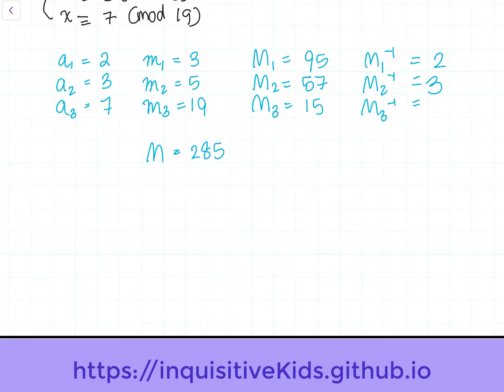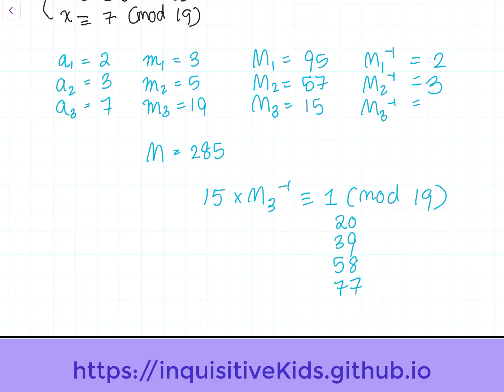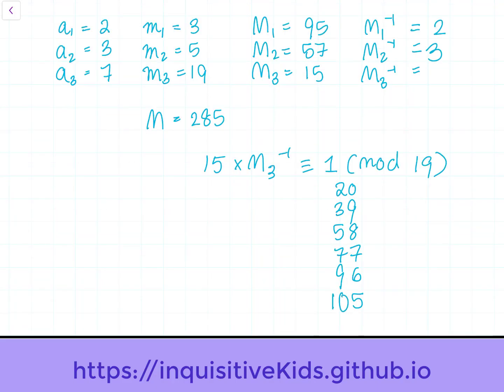Finally, we do the same thing for the inverse of big M3. 15 times the inverse of big M3 is congruent to 1 mod 19. Adding on 19 to 1, we have 20, 39, 58, 77, 96, 105. And 105 is indeed a multiple of 15. And 15 times 7 is equal to 105. So the value of the inverse of big M3 would be equal to 7.